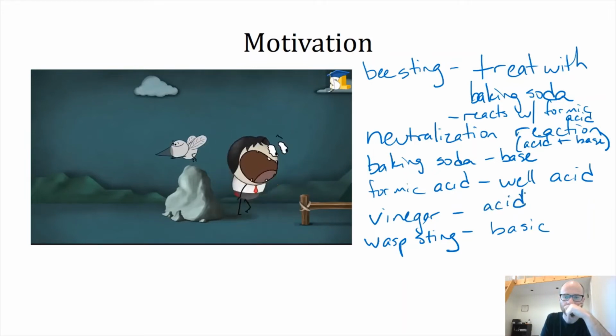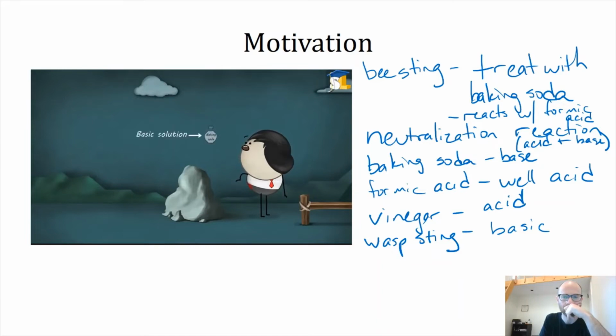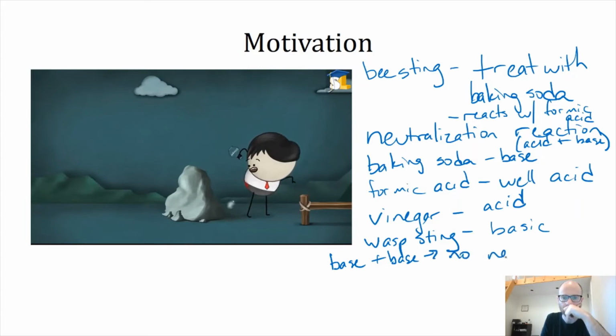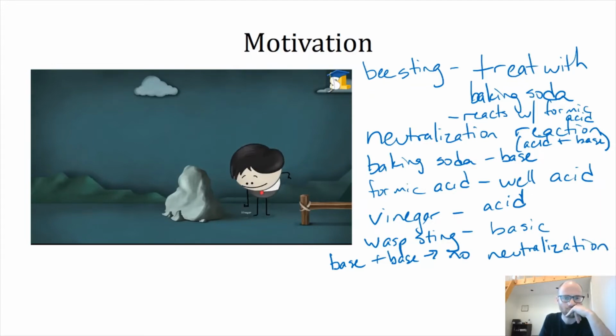The venom causes us pain and itching. Now, baking soda is also a basic solution. Hence, it will not provide any sort of relief. However, when we pour vinegar, which is a mild acid, on the stung area, the acid, that is, vinegar, and the base, that is, the wasp's venom, get neutralized. As a result, the sensation of pain and itching decreases and we feel better.